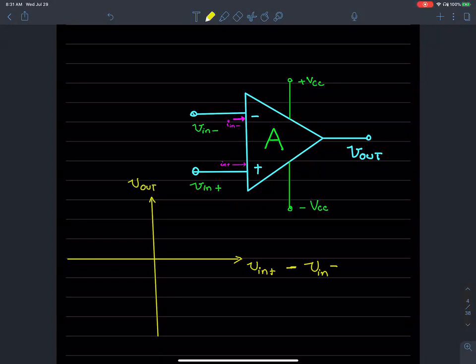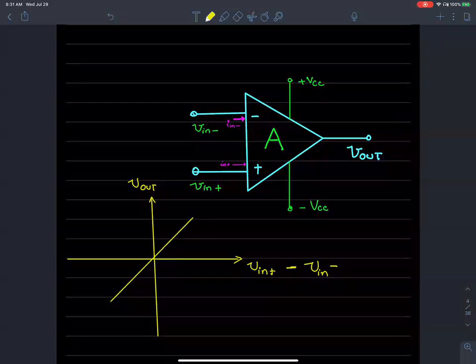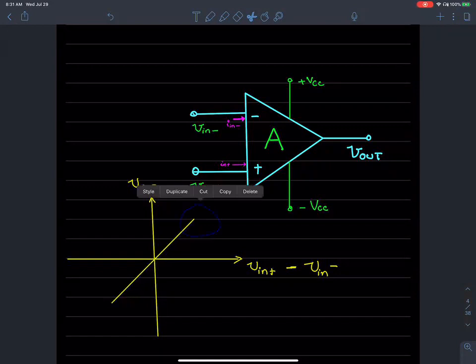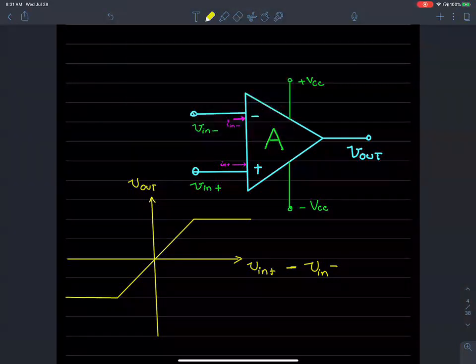As we saw earlier, the op-amp is responsive up until a particular region, and then it begins to cap. The maximum value of the output on the positive side is set by plus VCC.